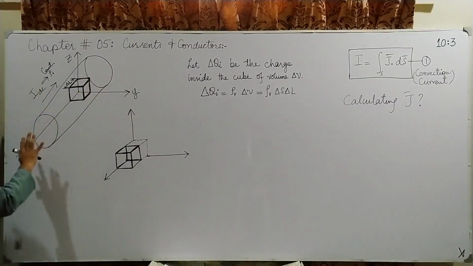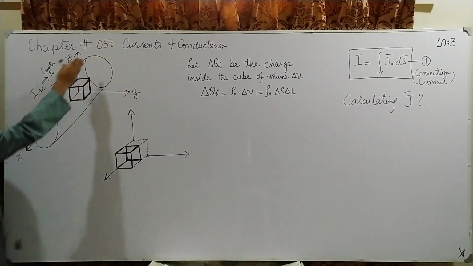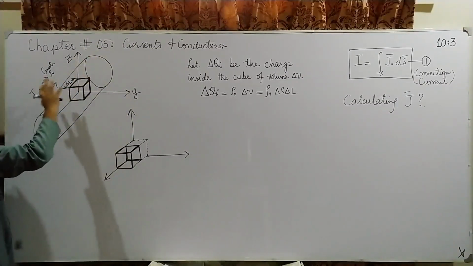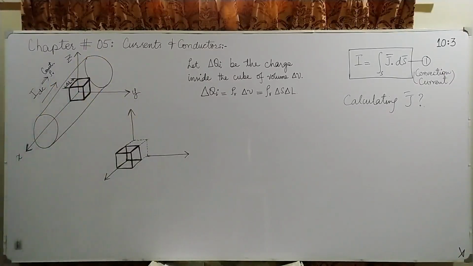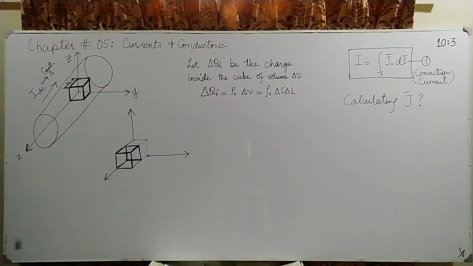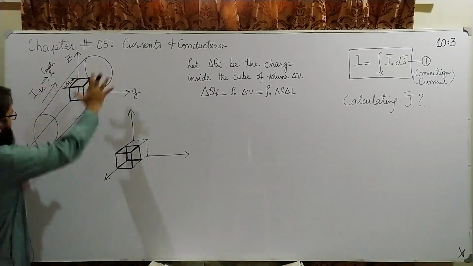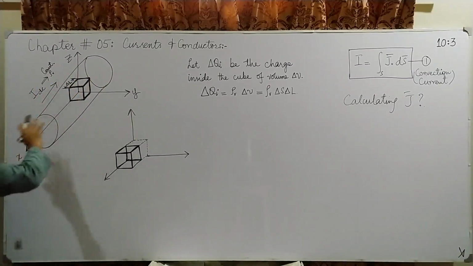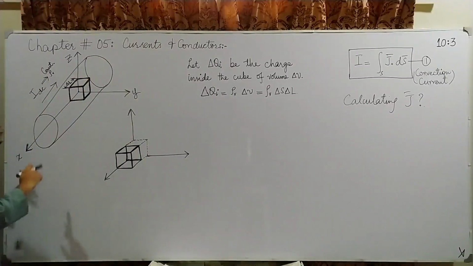So one thing is clear, that current is moving in this direction from positive x to negative x, and it is DC, meaning that the charge distribution throughout this conductor would be the same. It means that the charges are moving in the direction of current.